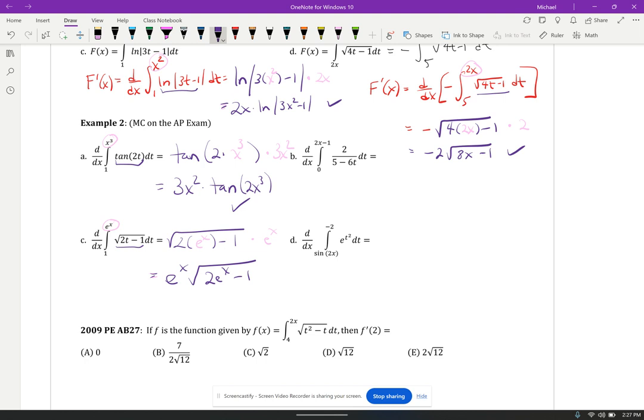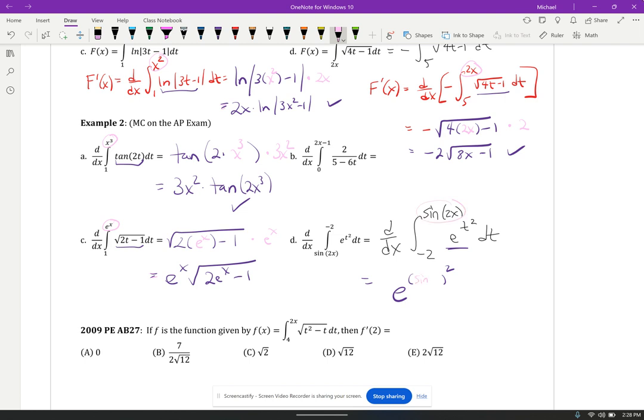Let's do letter D here. I notice that the constant is not on the bottom, so I'm going to fix that. And then we're going to take the derivative of the integral. So that means I'm going to be left with the function. But be careful: e to the something squared. Well, what's that something? Sine 2x.